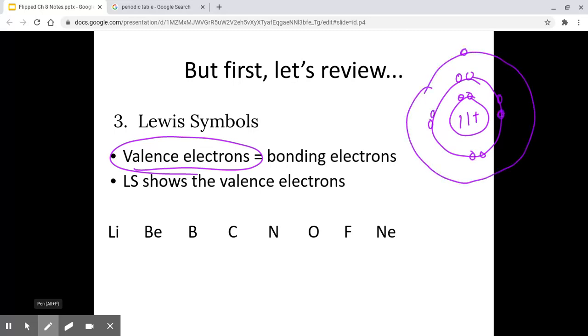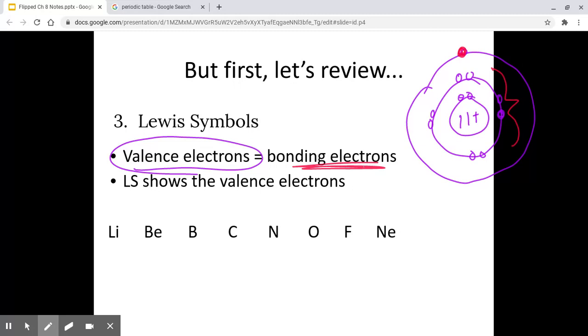But in the Lewis symbol for sodium, the only electron that's going to get represented is actually the valence electron. So you ignore all the core electrons and you just use the valence electrons in your Lewis symbol because valence electrons are the bonding electrons. The core electrons aren't really used in bonding at all.